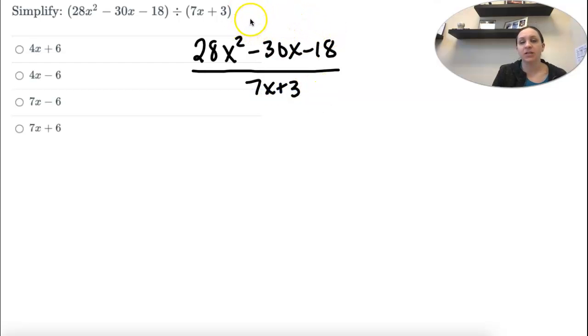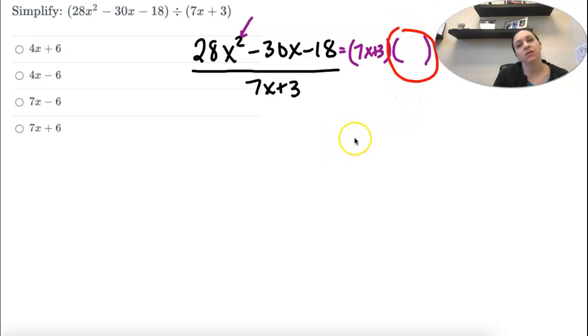Because of this squared right here, this breaks into two factors. And we know one of the factors is 7x plus 3. So it's asking us for this factor. What's the other factor?